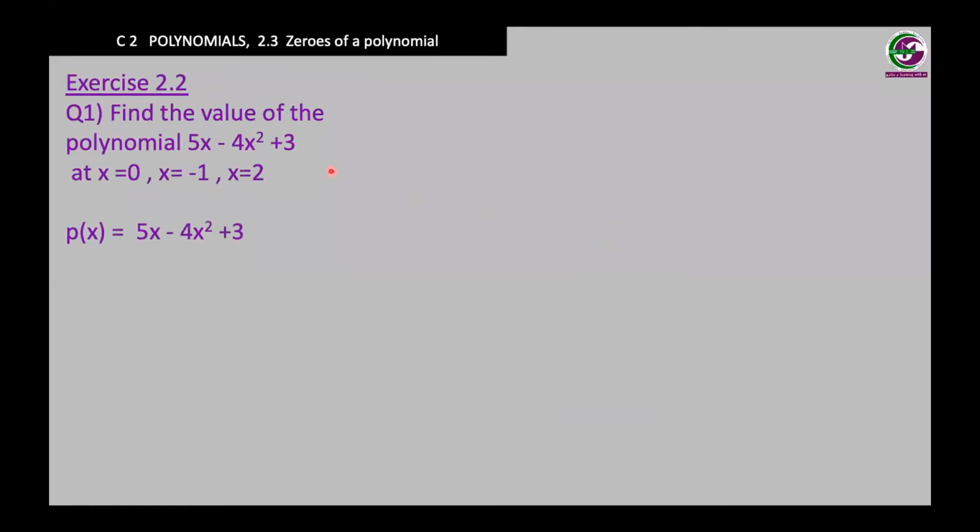First question, find the value of the polynomial. Find the value means we replace the value of x by, first we have three cases. First we have to replace by 0, then by -1, and then by -2. So we have to solve case by case. Now, first let us see P of 0.